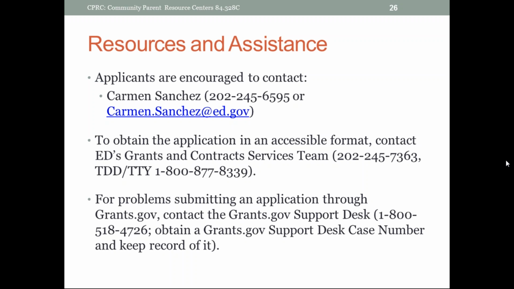The best thing to do is put in that box, because that's the box we use for congressional notification, the Congress in which your offices for the project and your organization reside.